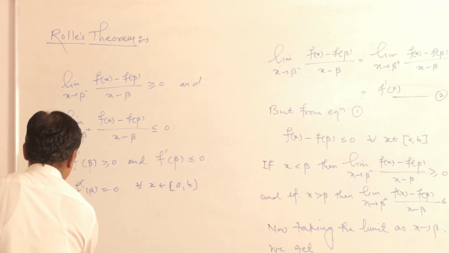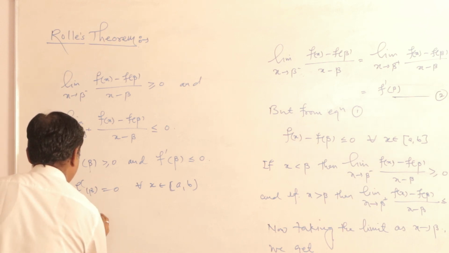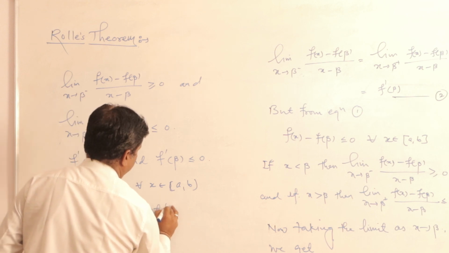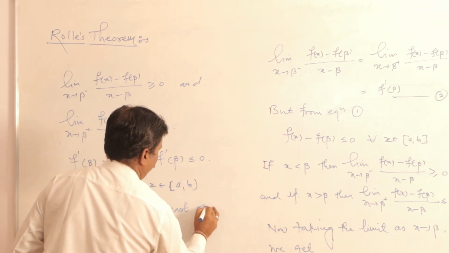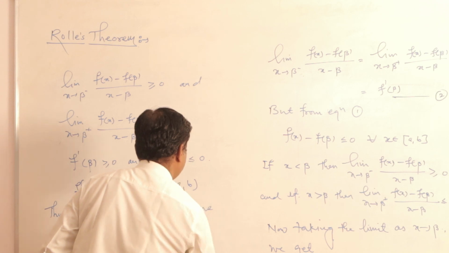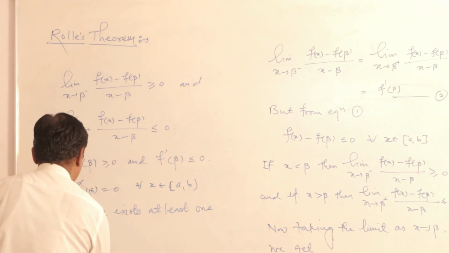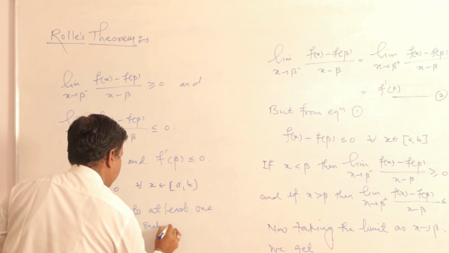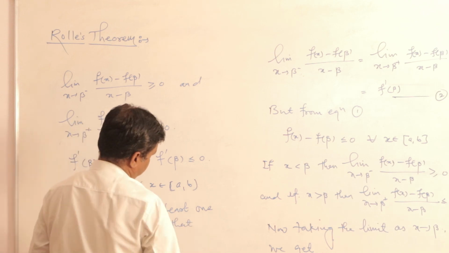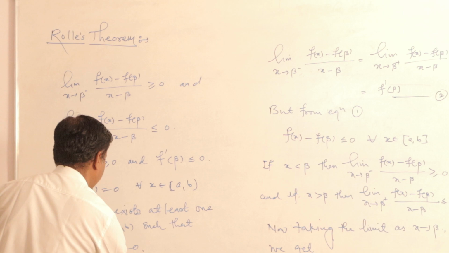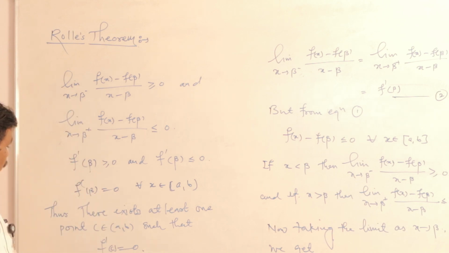So thus there exists at least one point c belongs to open interval (a, b) such that f dash of c is equal to 0. Hence the proof. Thank you.